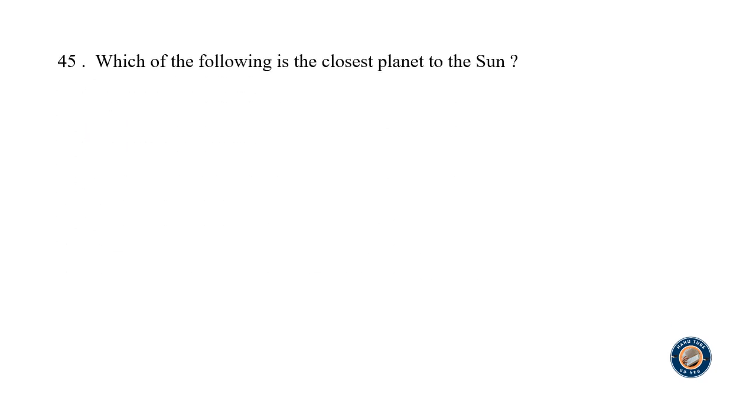Question number 45. Which of the following is the closest planet to the Sun? A. Jupiter. B. Earth. C. Neptune. D. Saturn.